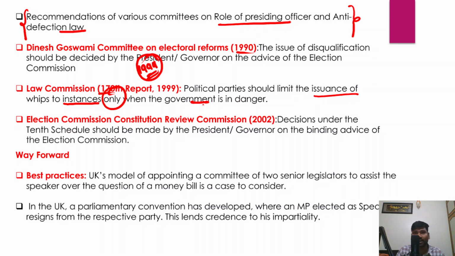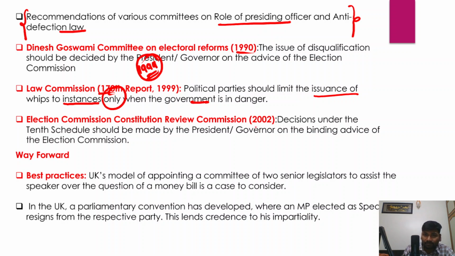So it should be limited. So therefore, the anti-defection law would become more and more meaningful. Otherwise, the members of the legislature may not be able to protect the interests of the people they belong to, right?